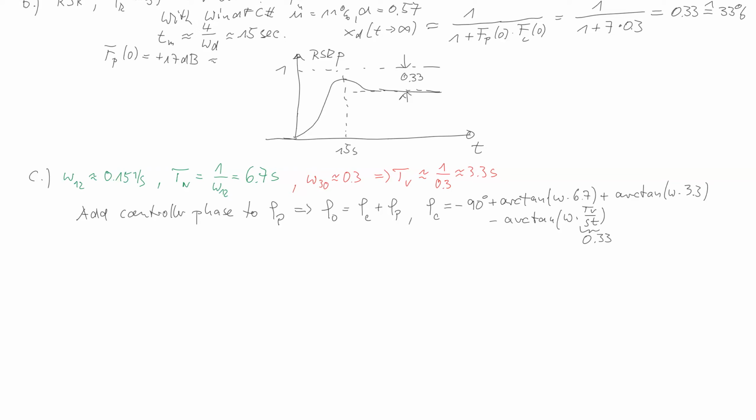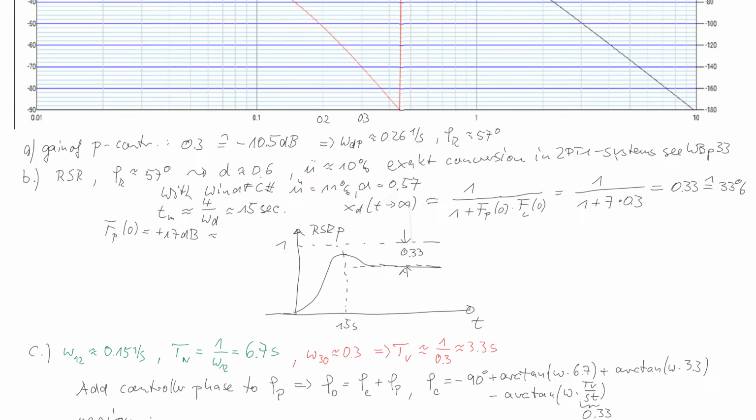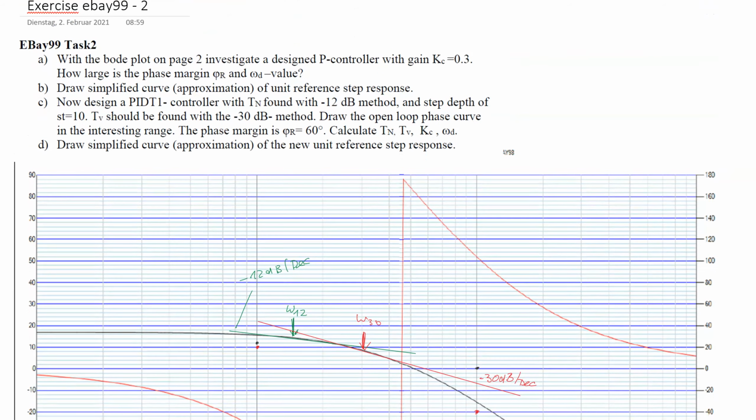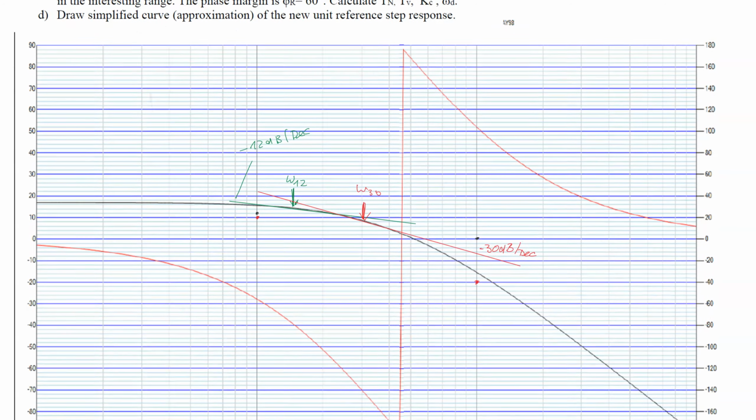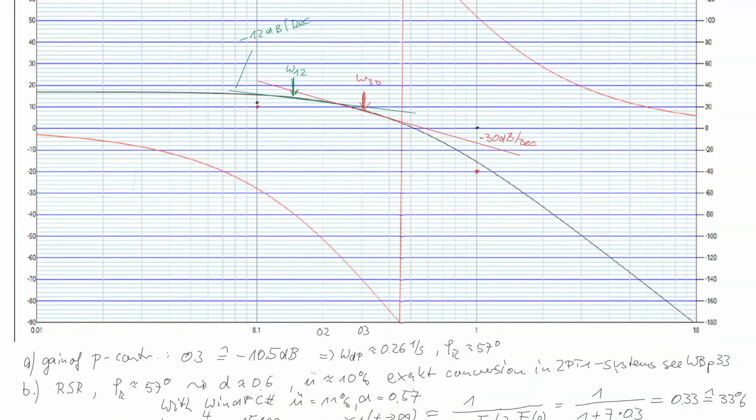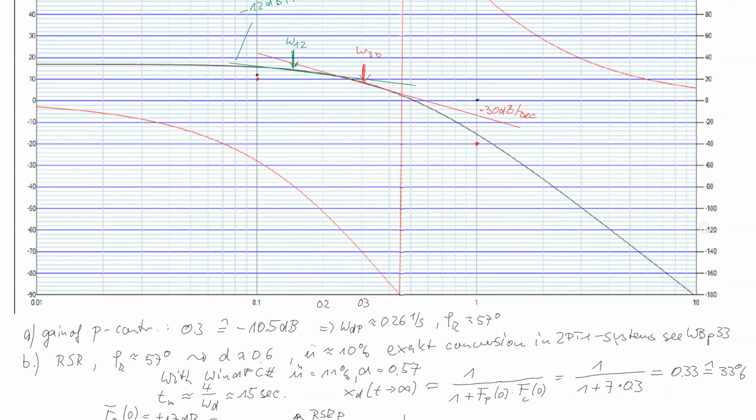So we have to calculate some points. The region where we have to calculate this is where, so we have to go back now. We have to find the phase margin of 60 degrees. That means we use a cross point of the new phase curve around the minus 120 region.